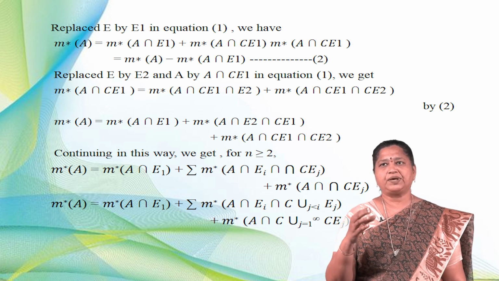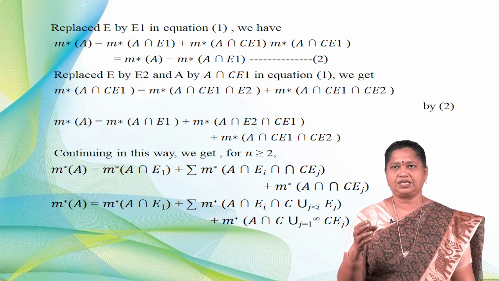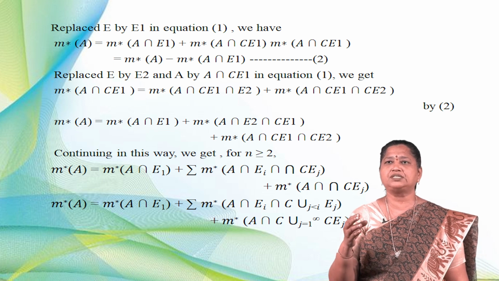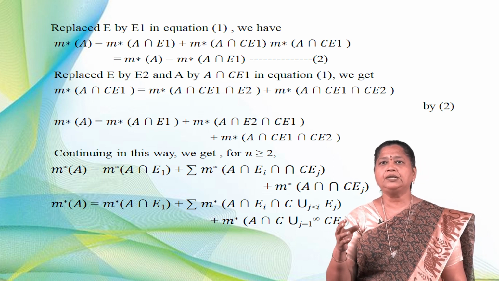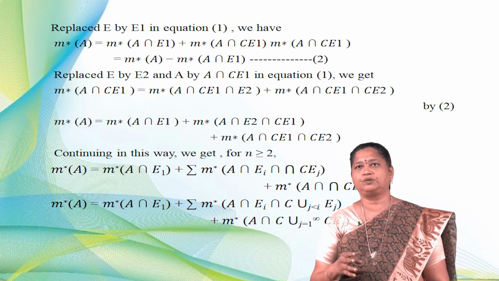From this we say that m*(A) is equal to m*(A ∩ E1) plus m*(A ∩ E2 ∩ E1^c) plus m*(A ∩ E1^c ∩ E2^c).